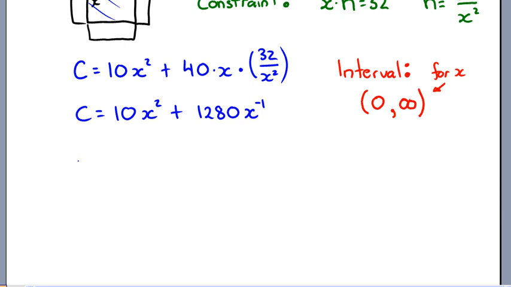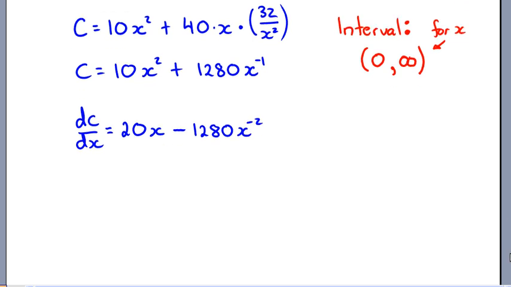So, taking a derivative, you can write c prime, or if you want to, you can say, hey, how about a dc dx? Be explicitly clear on what we're doing with our derivative. Okay, well, taking a derivative, that would be 20x. The minus sign comes down, minus 1,280 x to the negative 2. Okay.